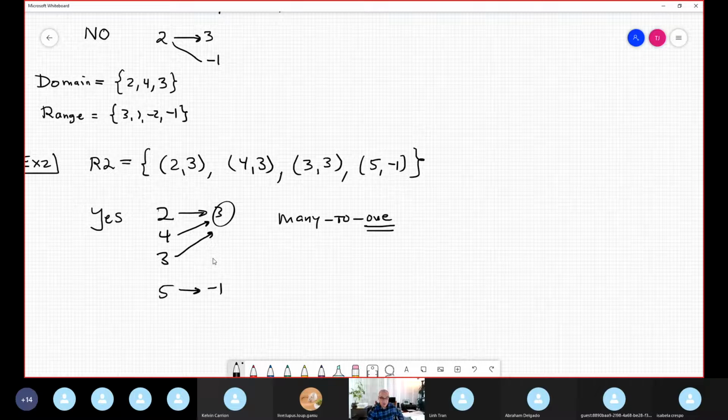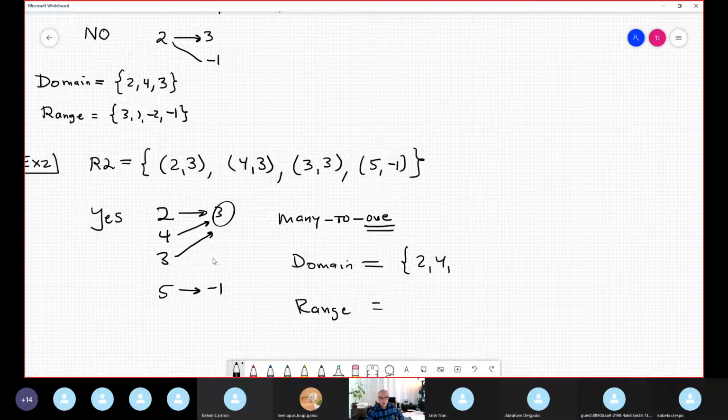And one more time, define domain and range. What is the domain? Help me. Domain is 2, 4, 3, and 5. Yes, you're right. And what about the range? 3 and -1. Super, very good.